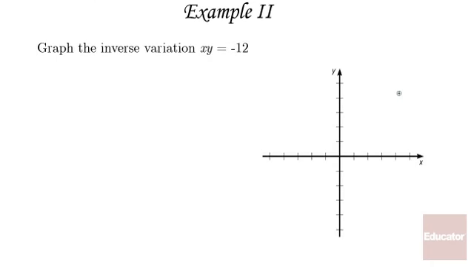In my second example, I'm again asked to graph an inverse variation. And again, this is in the form xy equals k, but this time I have a k that is less than 0. And that tells me that the branches are actually going to be in quadrants 2 and 4.